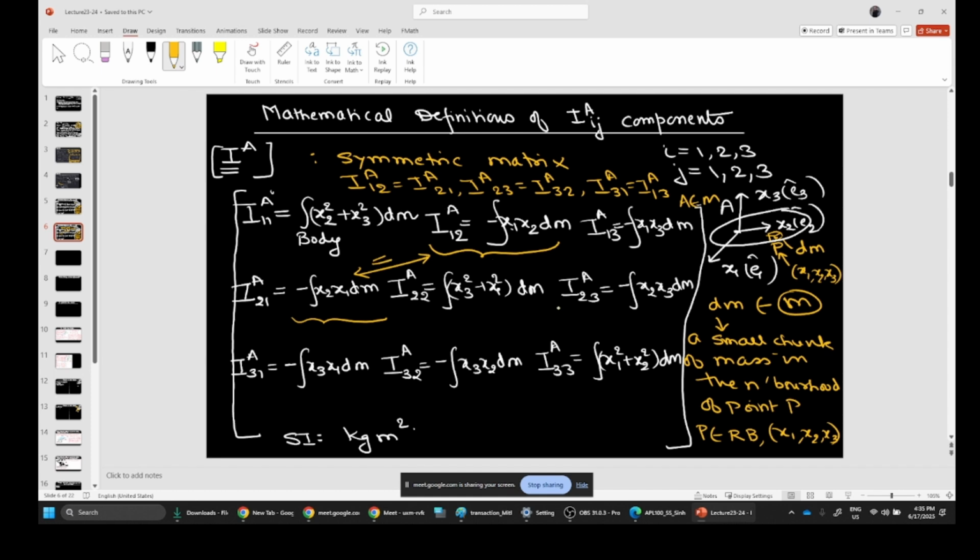Similarly, IA23 is minus x2 x3 dm, IA32 is minus x3 x2 dm. These are equal. Similarly, IA13 and IA31 are equal. So it is a symmetric matrix. The inertia matrix of a body at a point relative to a coordinate system is a symmetric matrix.